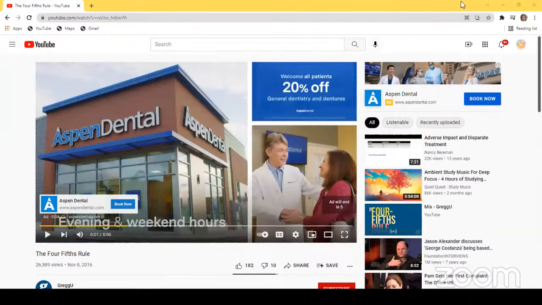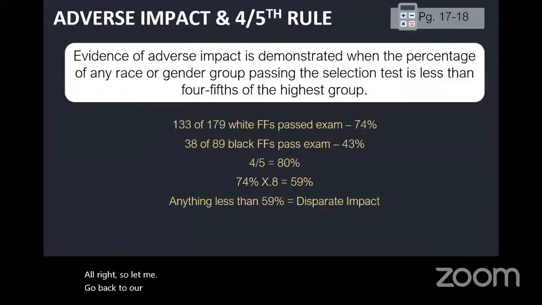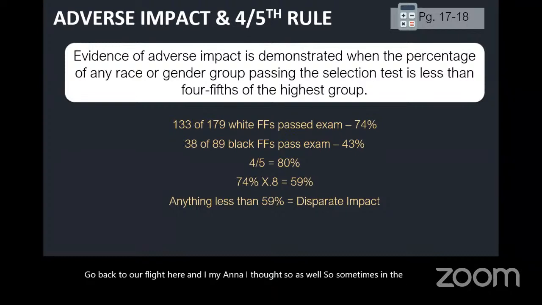All right, so let me go back to our slide here. And Ayana, I thought so as well. Sometimes the book breaks it down, but it doesn't give that granular detail when you think about adverse impact.